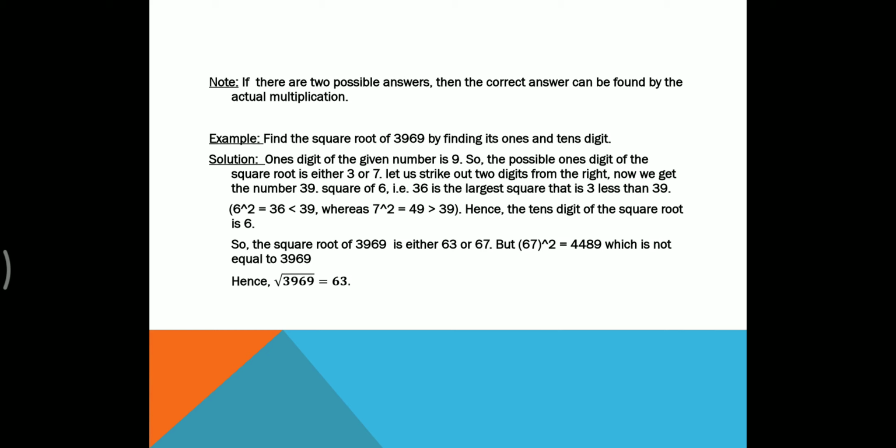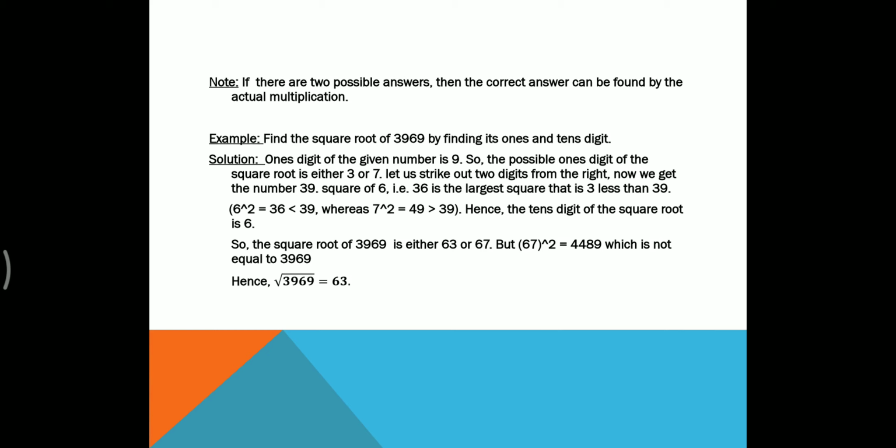We take two numbers, the lesser one and the greater one. If we take 6, 6 square is equal to 36, which is less than 39. Whereas if we square 7, 7 square is equal to 49. So 49 is greater than 39. Hence the tens digit of the square root is 6.